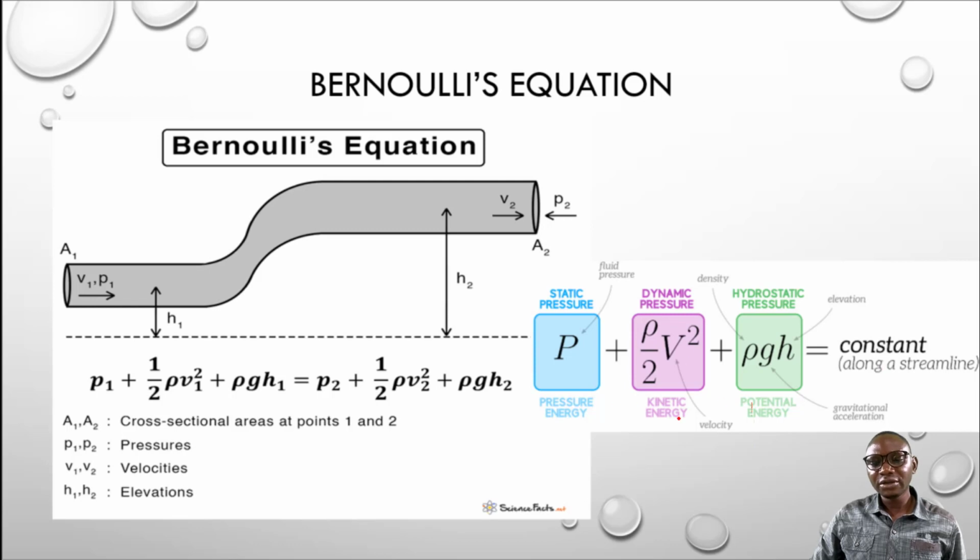When we are talking about the total energy in a fluid system, you talk about the energy exerted by the pressure, the kinetic energy, which is the energy of movement, and the potential energy in the system. So when you add all this energy together, it has to be constant. What this constant means is that all this energy at point A is equal to this energy at point 2, at point B. So that is what it is saying.